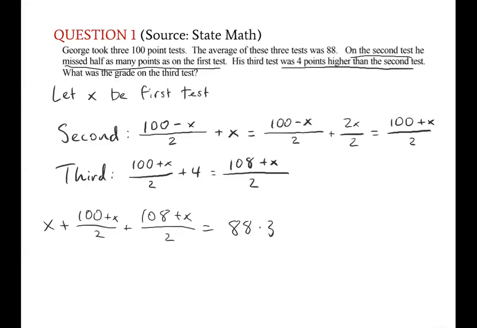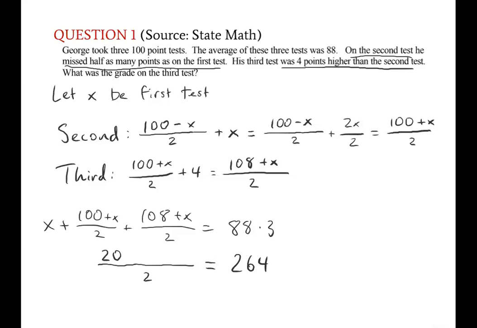Now we can actually solve this equation for x. So 88 times 3 is equal to 264. And this side of the equation simplifies to 208 plus 4x.